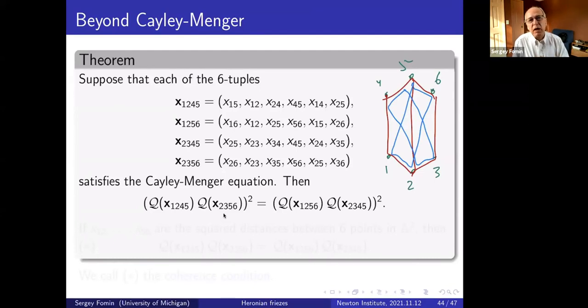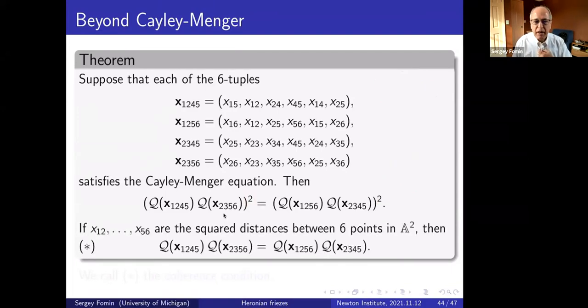And it's not hard to show, using some Gröbner basis package or whatever, that this identity holds, that it is in the ideal generated by these Cayley-Menger polynomials. But it turns out that you cannot remove the squares here. If you remove the squares, it won't be in the ideal. But if the picture comes from actual 6 points, then there is some extra information coming from rigidity.